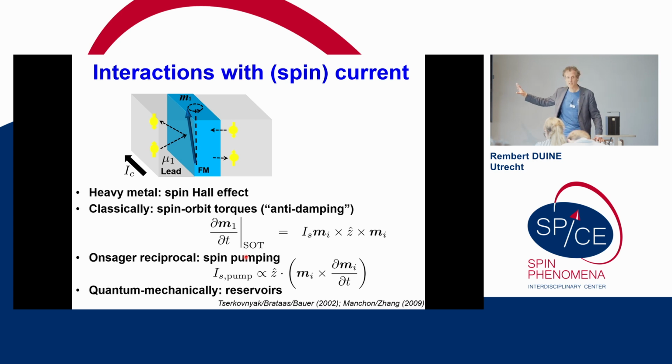Now this is the classical picture or the classical physics. Quantum mechanically, it's better to think about modeling this in terms of electronic reservoirs or spin reservoirs for the magnons in the ferromagnet.